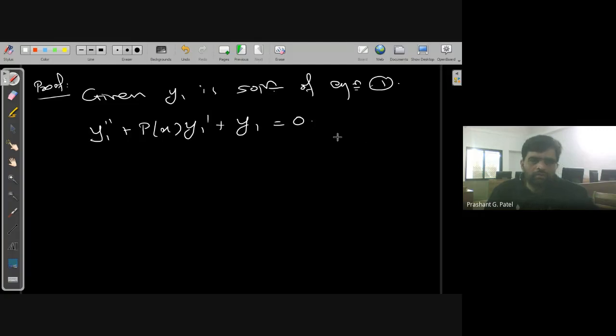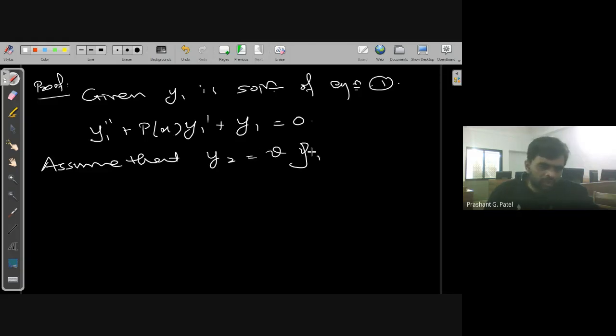Let us assume that y2 equal to v y1. Whoever first thought of this may be a genius, because how this comes into the picture, we don't know.